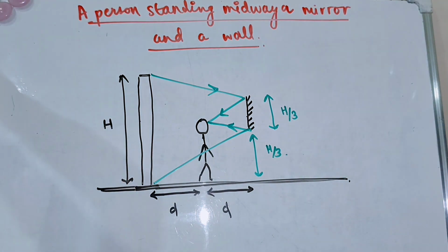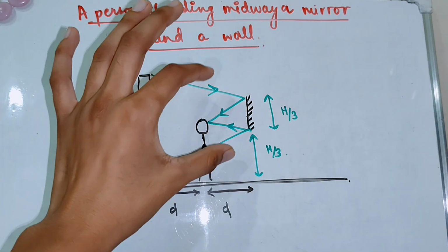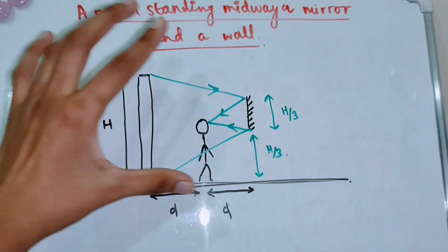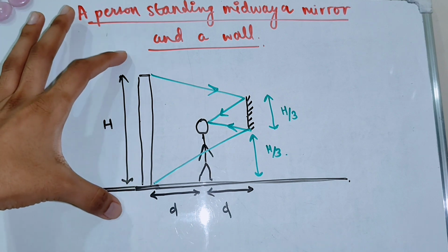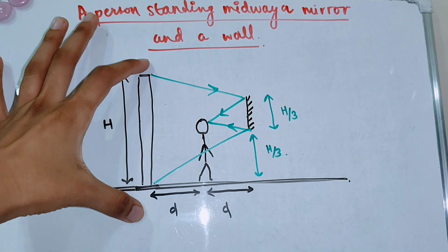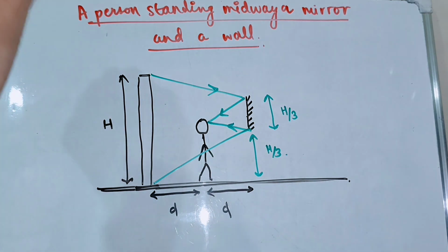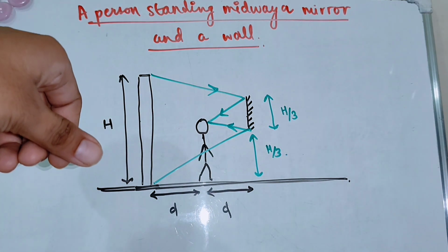Yes, just like it was h by 2, h by 2 for seeing your full image, it is h by 3 and h by 3 for seeing the image of the full wall which you are standing in front of.